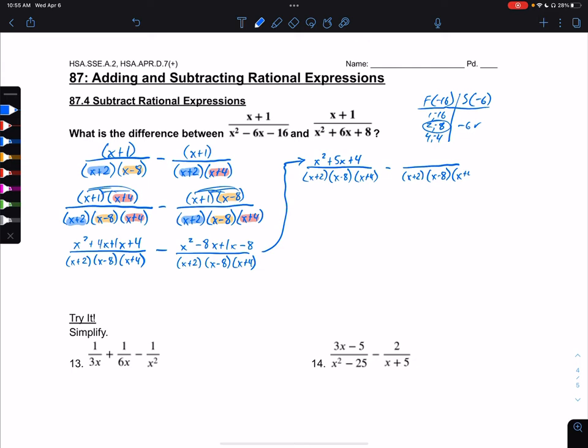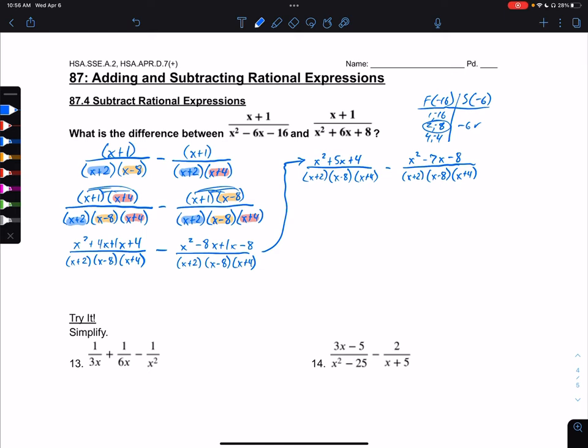It does get a little repetitive because we have to write the same common denominator over and over again. My second expression, my numerator, x squared minus 7x minus 8. Just check your work, make sure that everything makes sense, make sure you've been combining correctly, so we're good.